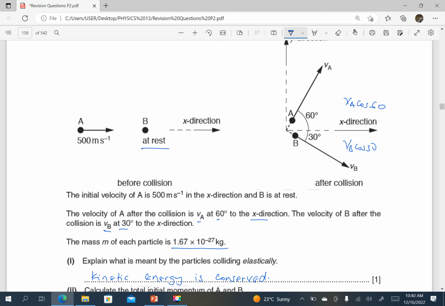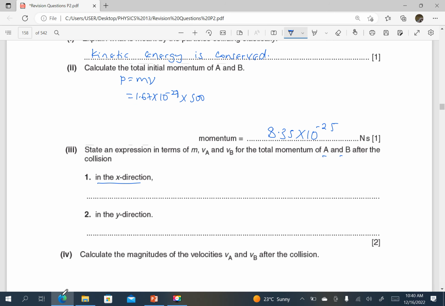The particles have the same mass. So the expression is going to be m VA cos 60 degrees plus m VB cos 30 degrees. That is the expression.